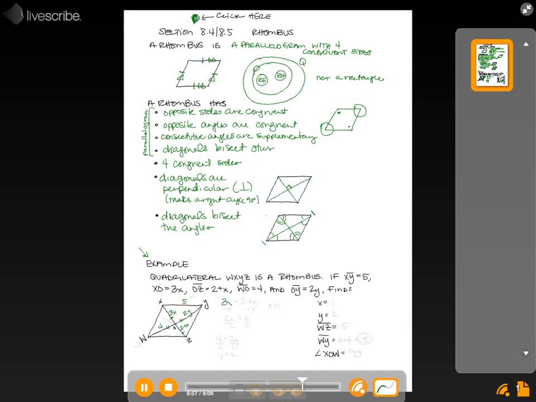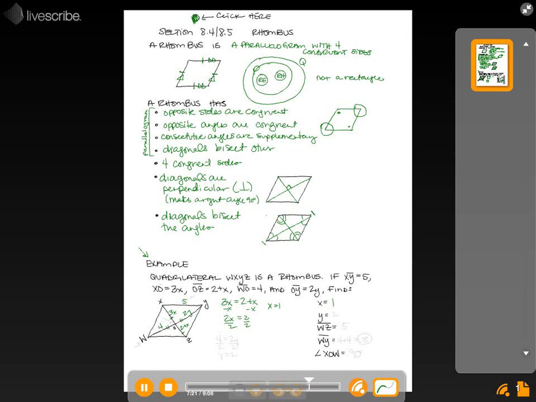So we say 3x equals 2 plus x. Pretty simple. Since they're congruent, the diagonals cut each other into congruent pieces. We set those two things equal to each other. Now we subtract x from both sides. 3x minus x is 2x equals 2. Divide by 2. x is 1. So there's our first one.